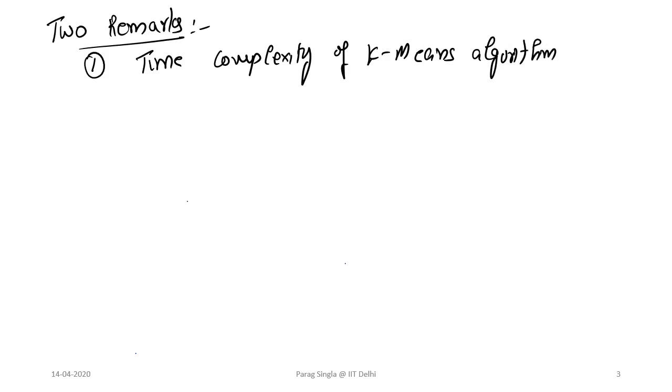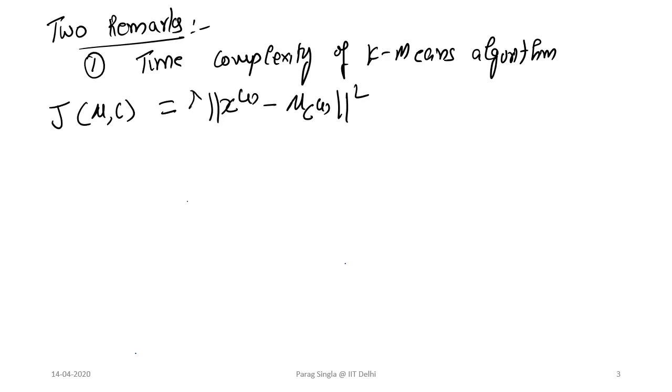And recall that J(mu, C) was the sum of ||x_i - mu_{c_i}||^2 where i equal to 1 to m. So this is the objective function for k-means.